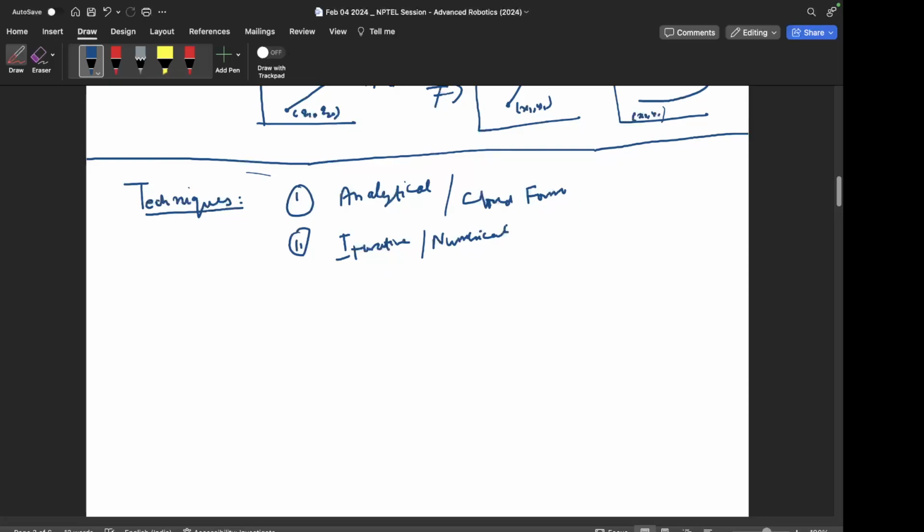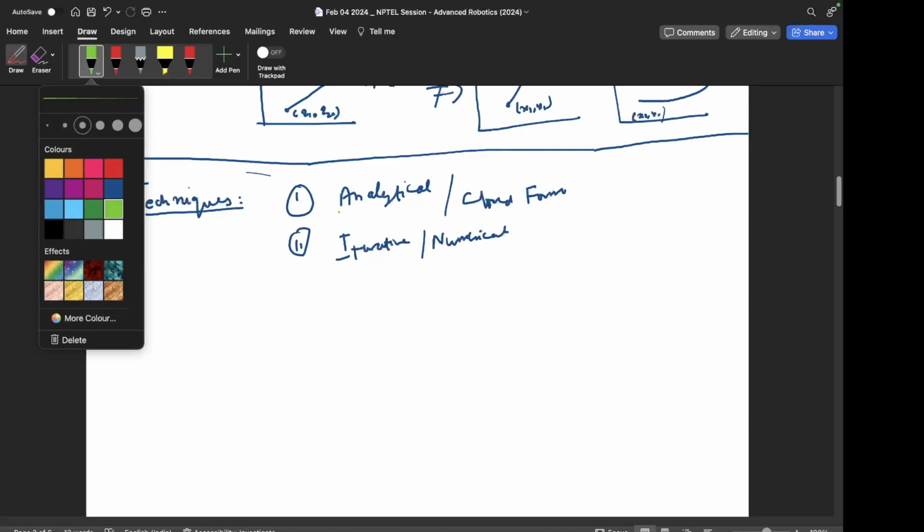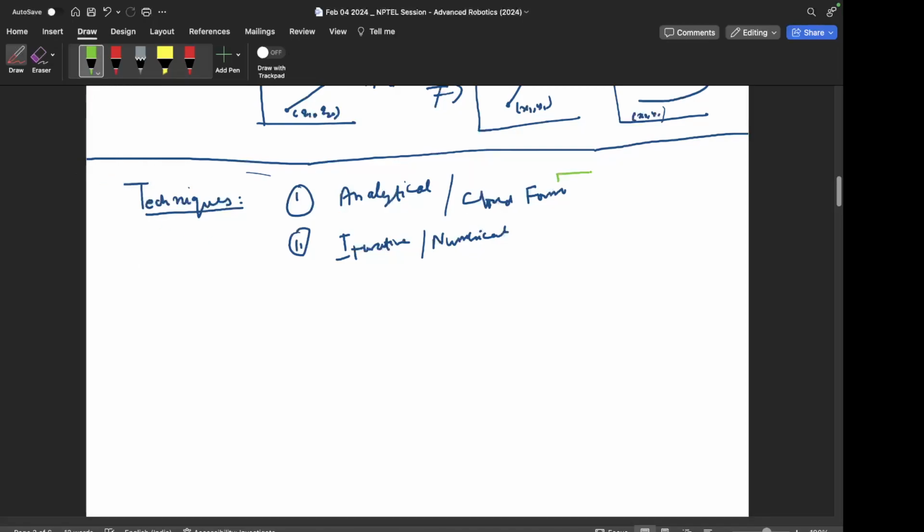So the advantage of the analytical approach is that it gives all the possible solutions for a given pose of the end effector.